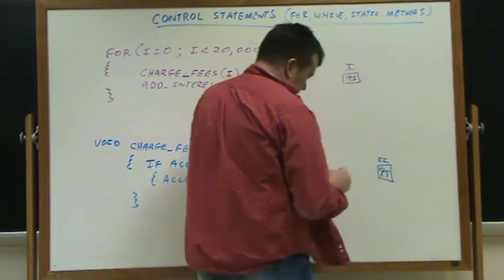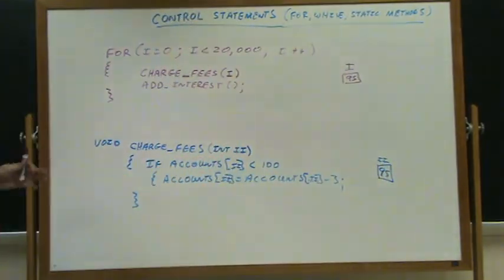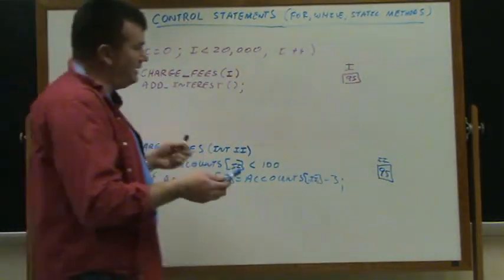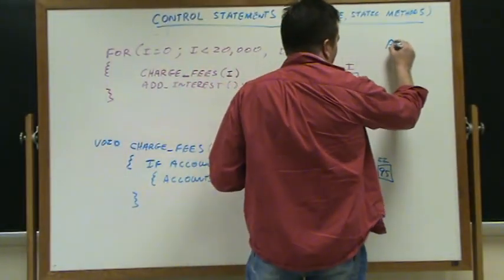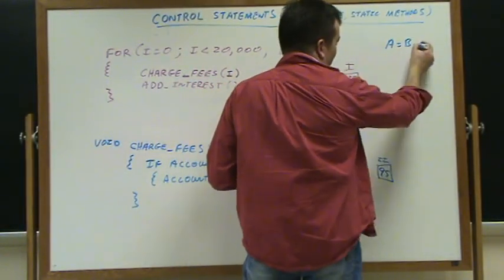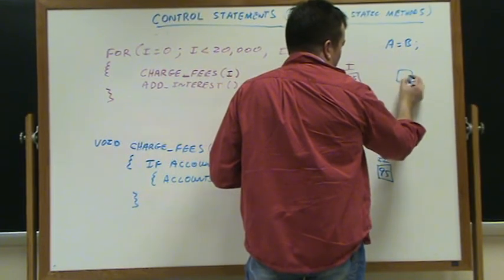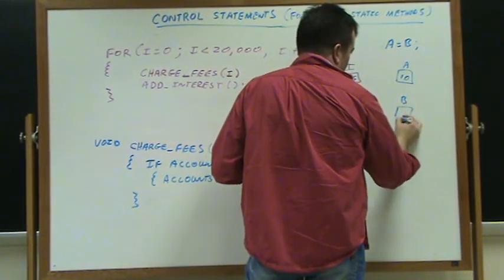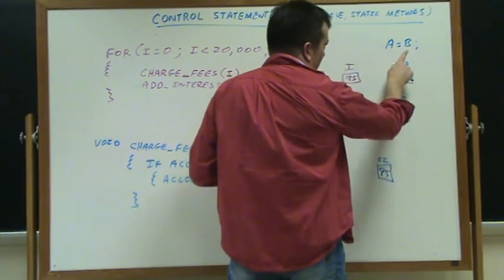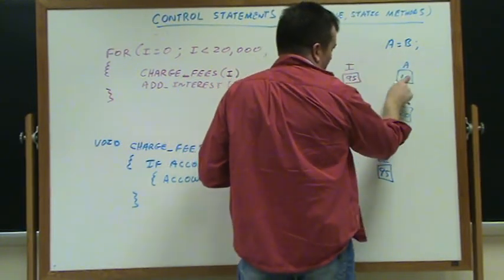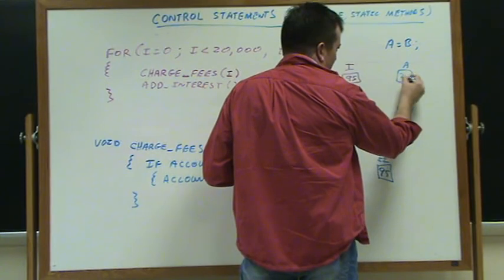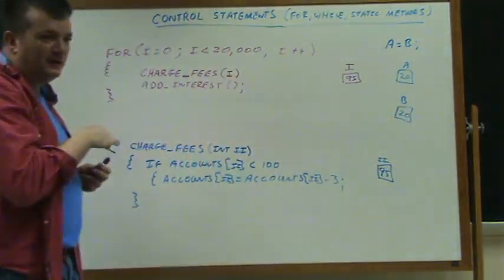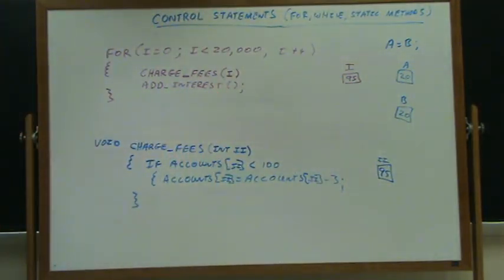Even though it's named II? Even though it has a totally different name. Because in regular code, we could say A equals B, right? And if A was equal to 10 and B was equal to 20, if you run this line of code, A will become 20. A takes on the value of B. So somewhere in there, doesn't it need to state I equals II? Yeah, that's kind of true.